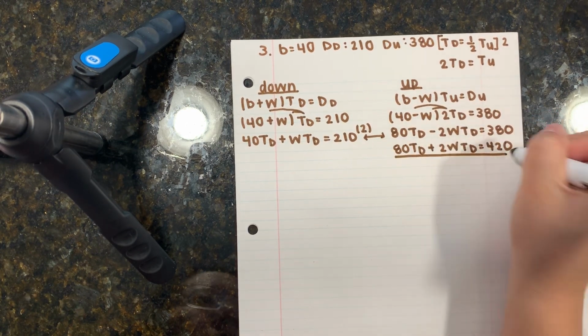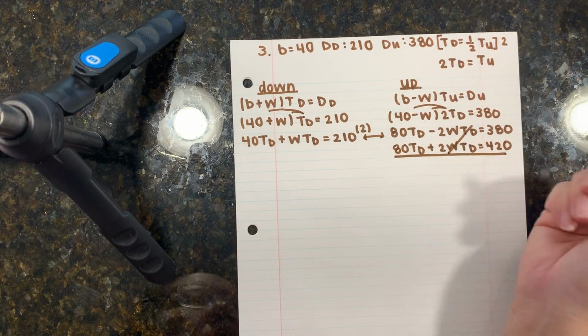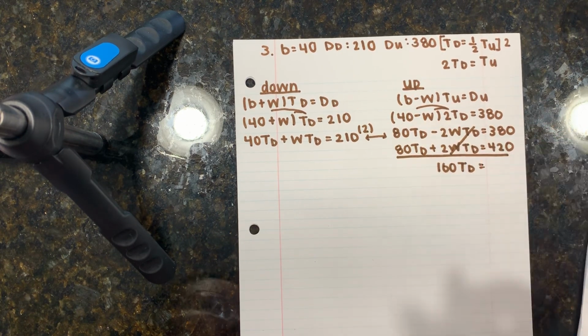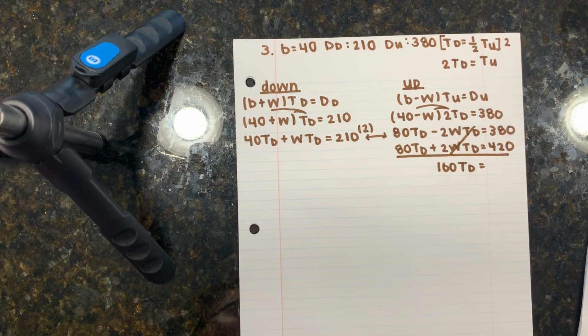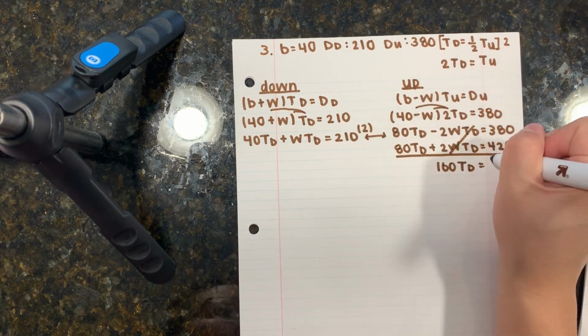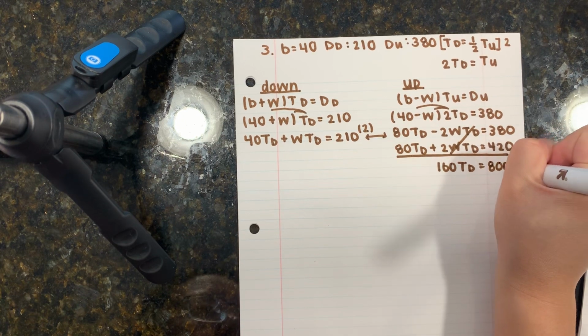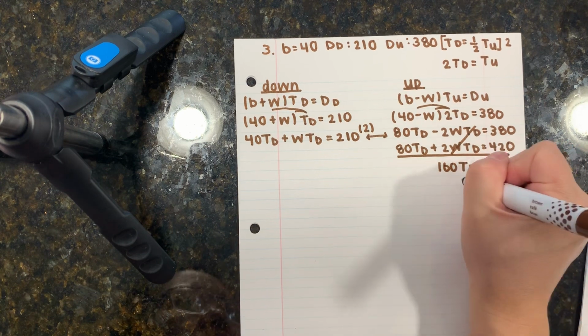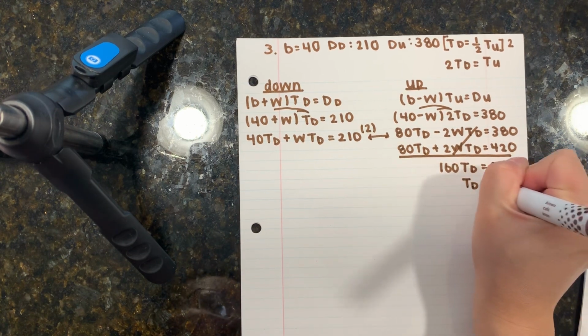When I add these together, the WTDs cancel out, and you're left with 160 TD is equal to 380 plus 420, which is 800. And when you divide both sides by 160, you get that TD is equal to 5.